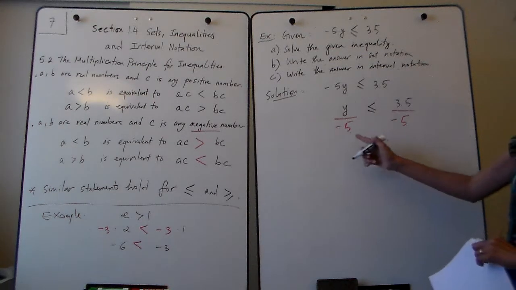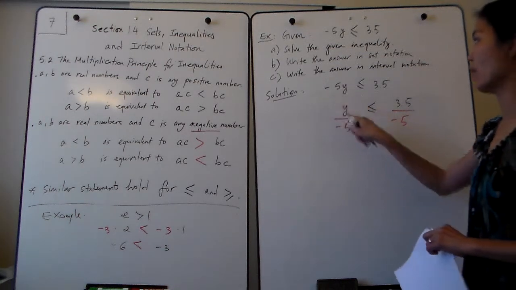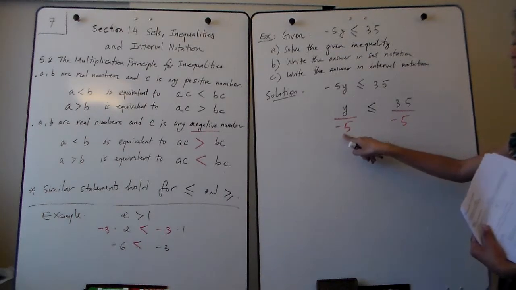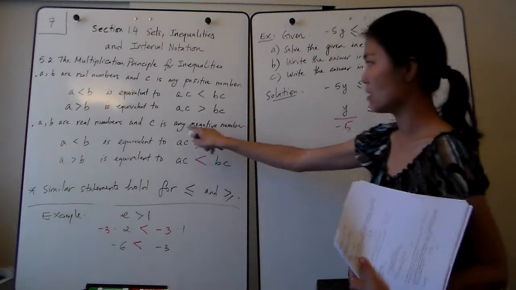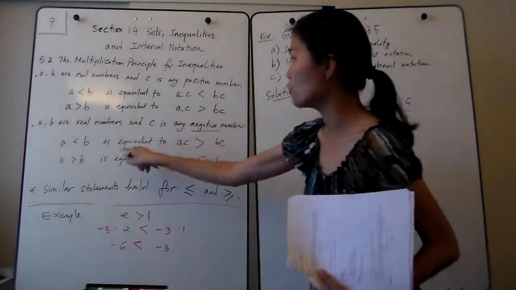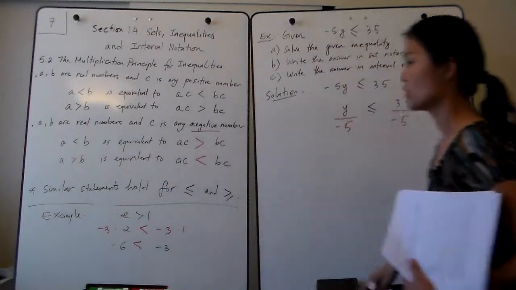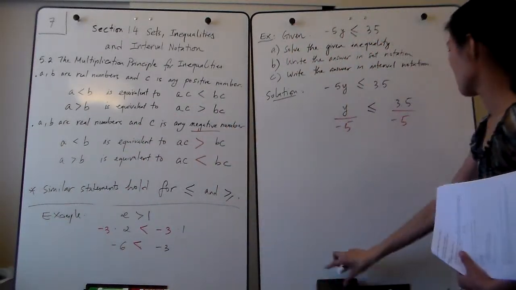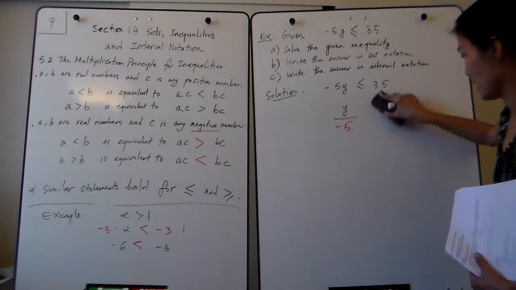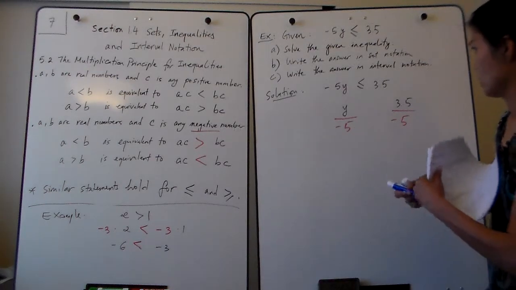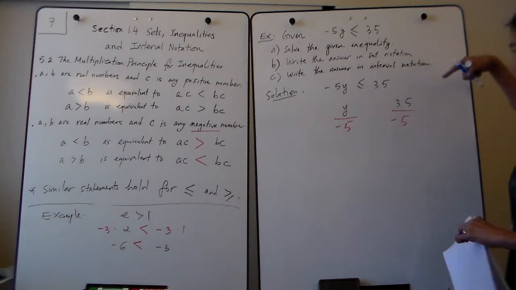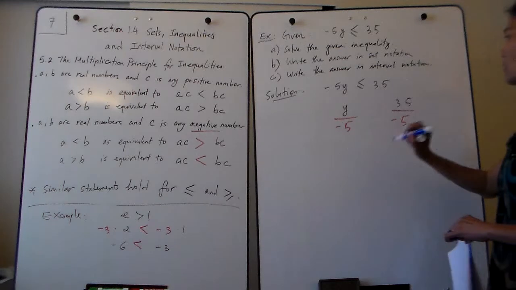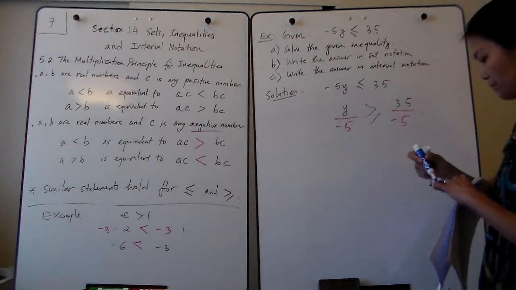So what I just did is I used negative 5 to divide on both sides. And this negative 5 is negative. It means I have to reverse the inequality. Okay? So I'm using the bottom part right here. So I cannot use this inequality anymore. I have to switch so that I will have an equivalent inequality. So reverse this.